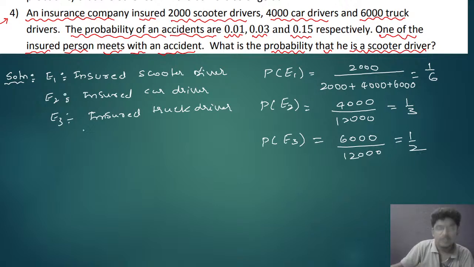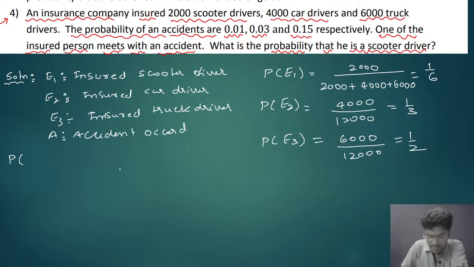Now, here is another event, A, that is accident occurred. Probability of accident occurred for scooter driver, that means insured scooter driver getting an accident, they have given 0.01, that means 1 by 100.